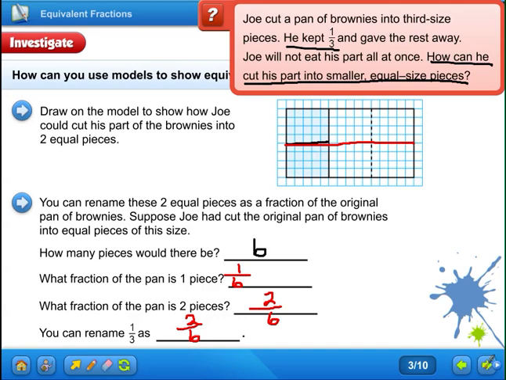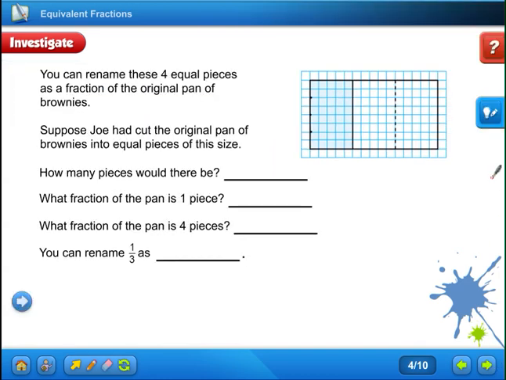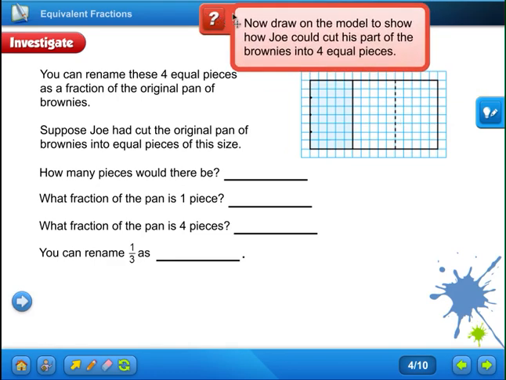All right, let's keep going and do the next one. So, let me grab my tool right here. Now it says, draw on the model to show how Joe could cut his part of the brownies into 4 equal pieces. This time he's cutting it into 4 equal pieces.